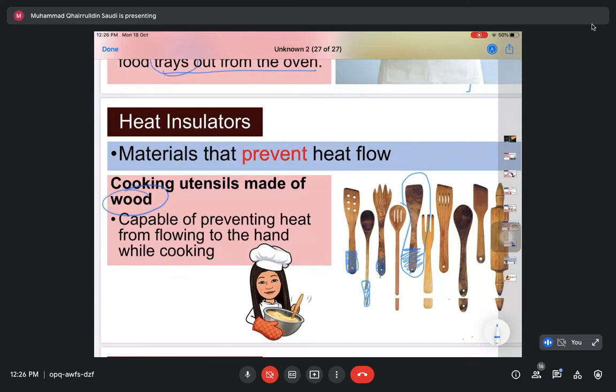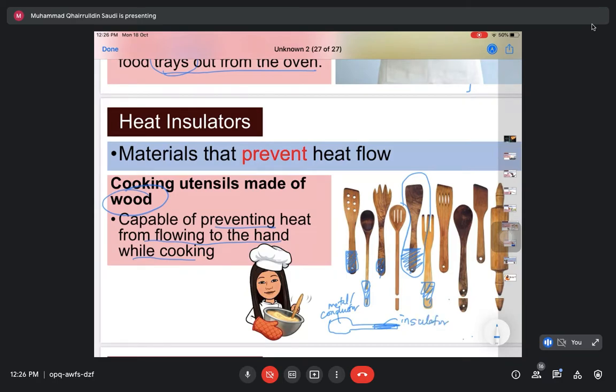So the utensils that are made up from woods are usually because we tak ada handle yang from other materials and can allow us to cook and prevent heat from flowing to our hand. So tak adalah perlu ada handles. Kalau kita guna sudip yang metal ataupun conductor, okay, we must have handles that are insulator.